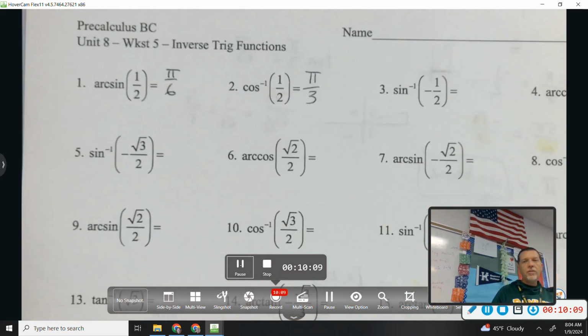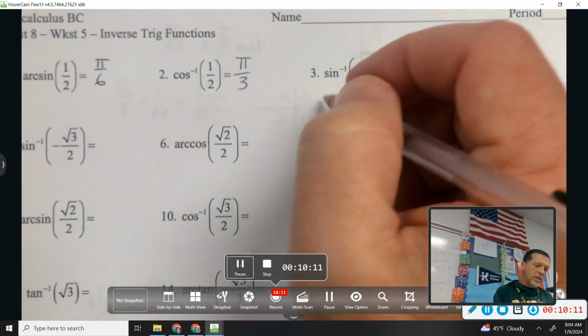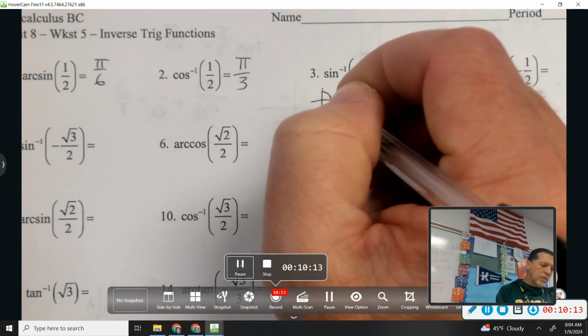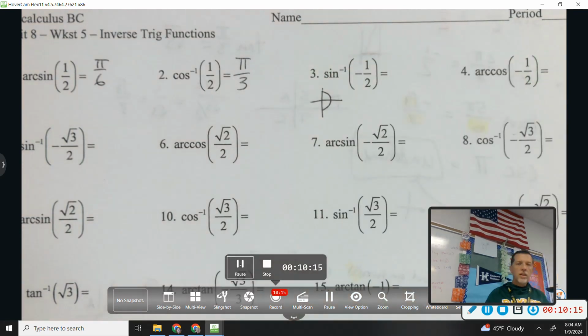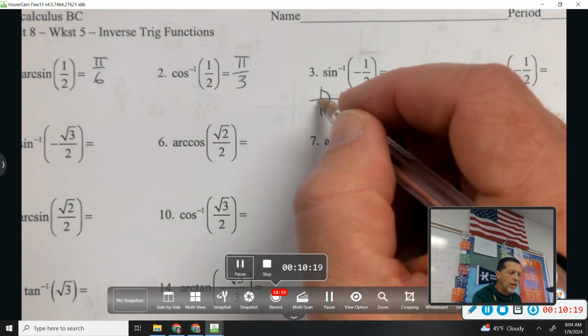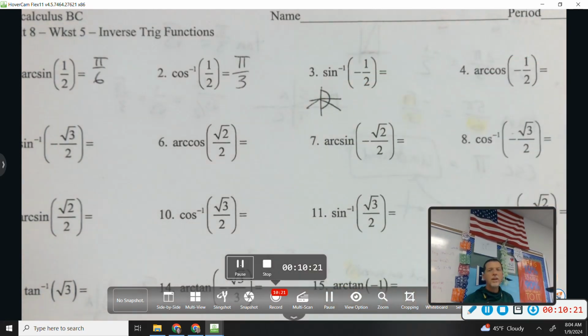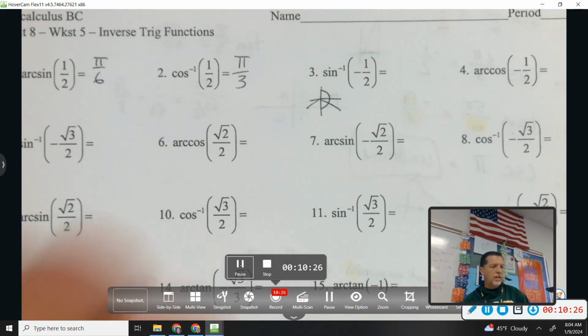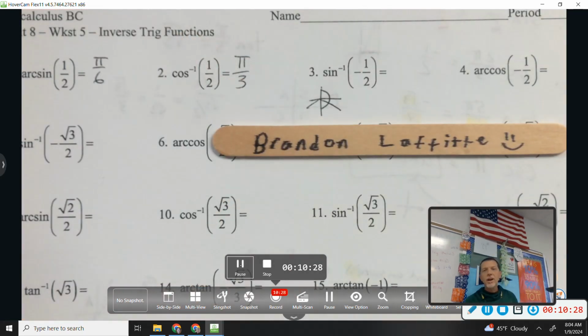Okay, now if we get negative, that's where we got to be careful. Inverse sine has to come from 1 or 4. So, well, it's negative, so I won't be in quadrant 1. I'll have to be in quadrant 3 or 4, but we're never in 3. So I need an answer, Brandon, from quadrant 4, an angle whose sine is negative 1/2.